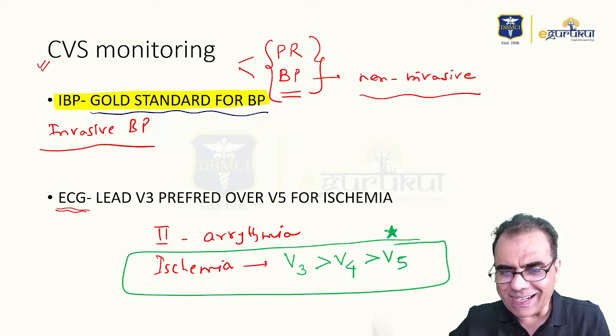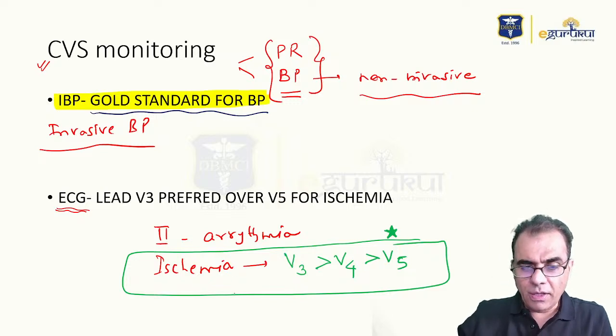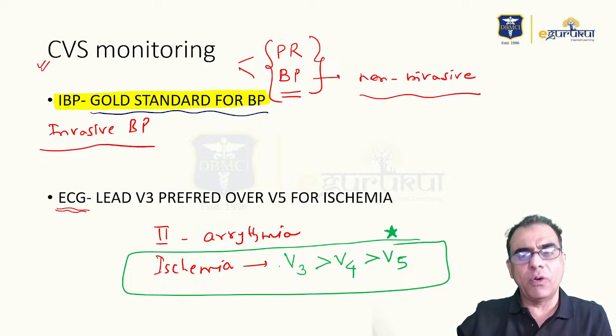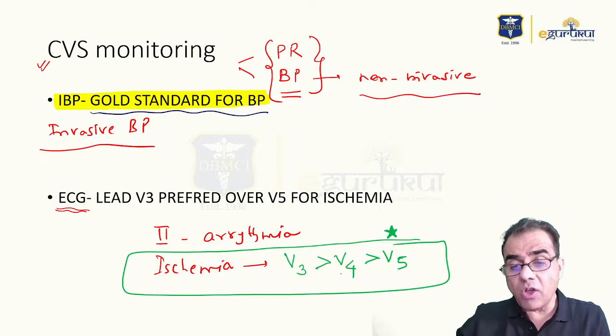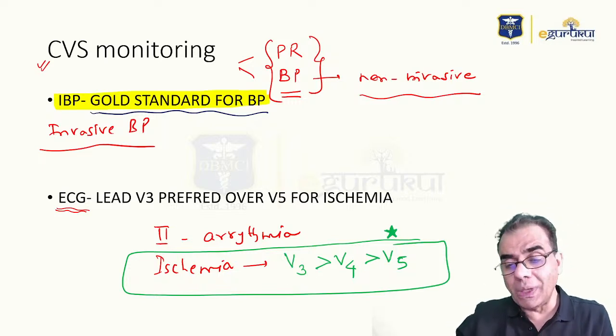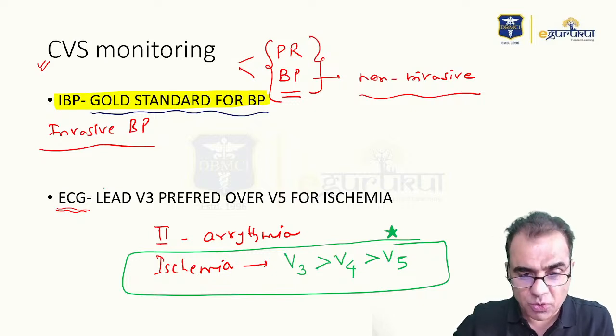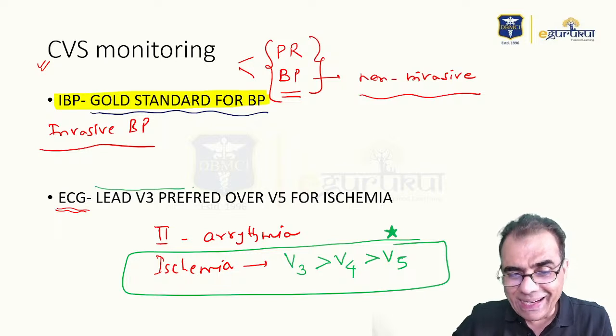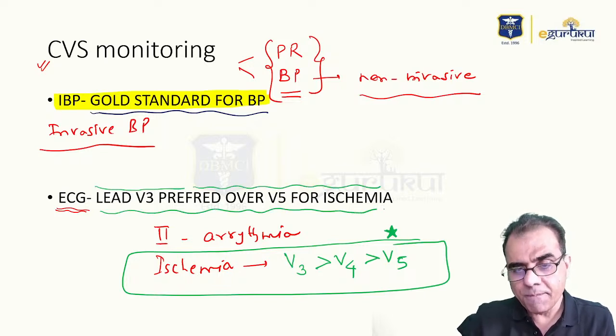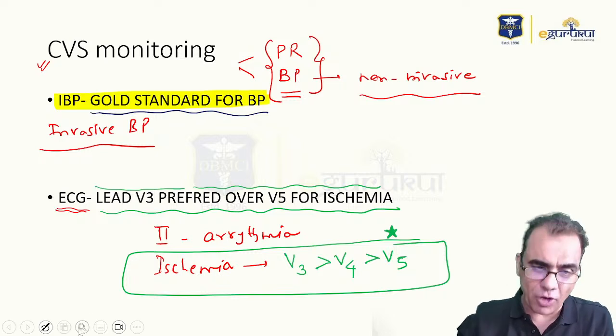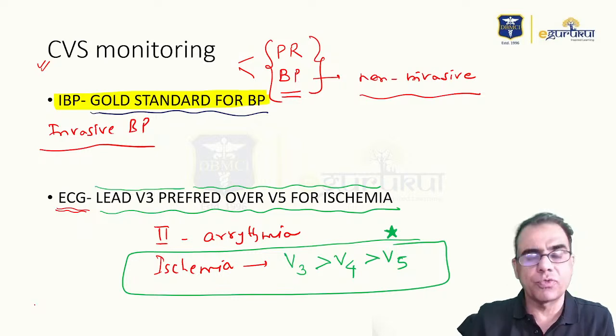For decades and decades, for detecting ischemia, we were preferring V5. Now they found that V3 or even V4 is superior or more sensitive in detecting ischemia. So that's what I mentioned here also. Lead V3 is preferred over V5 for ischemia. Again, very important from a recent advancement point of view.